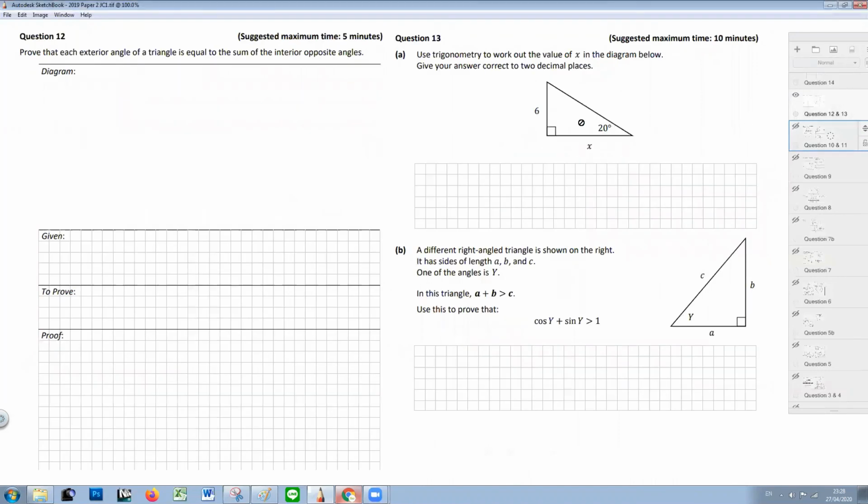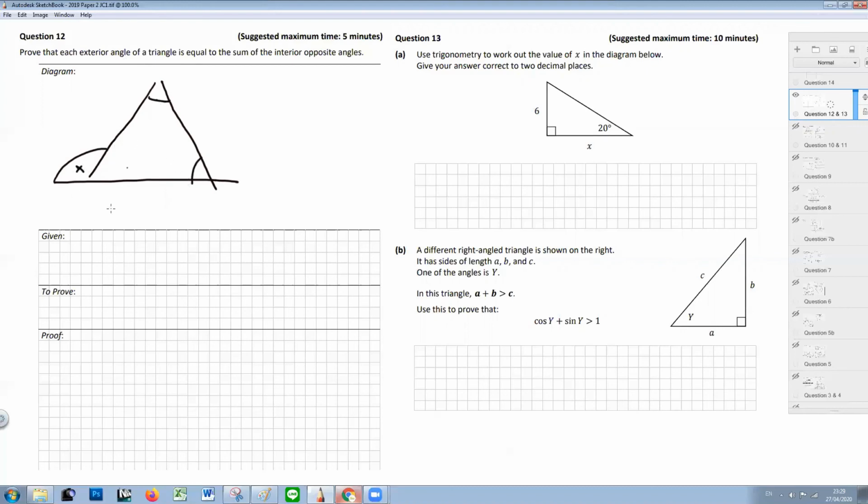Prove that each exterior angle of a triangle is equal to the sum of the interior opposite angles. So pick this one, it is going to be equal to this.